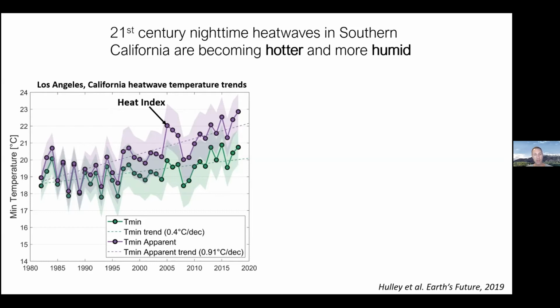And then if you fold in the water vapor content, which you have probably heard called the heat index, so it's basically the thermal comfort that you would feel as a human by introducing the effects of humidity, you see that trend is actually much steeper than the regular temperature trend, almost double that of the regular temperature trend.